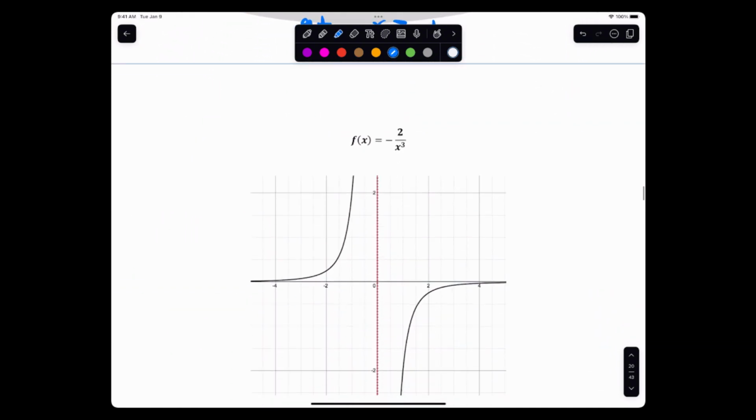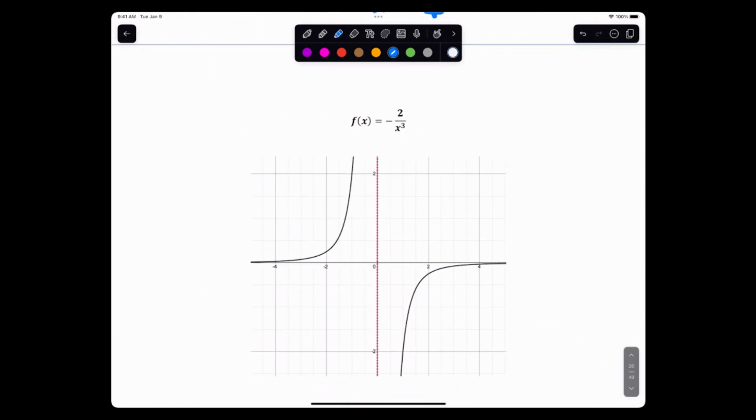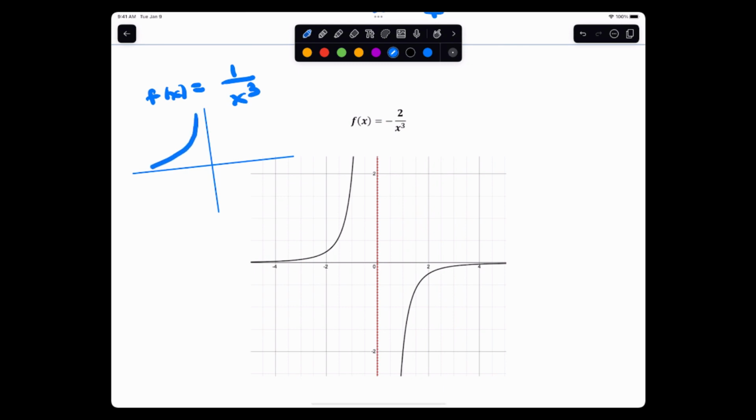No? What about this one here? This is minus 2 over x cubed. What family does that belong to? That's 1 over x cubed. Now, 1 over x cubed looks like this, ladies and gentlemen. And the second you put any negative sign, it's reflected about the x-axis. Oops, I think I have it backwards.